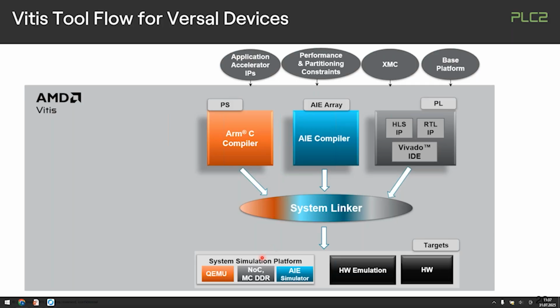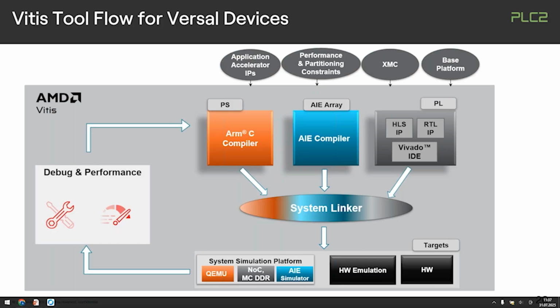You can look into the system simulation level, and when you really want to see what's going on, you go into the hardware finally with the overall setups there. So in order to get this whole thing straight, you will have results from your executions, and you would go back into your different tool chains in order to achieve a more appropriate outcome of it.